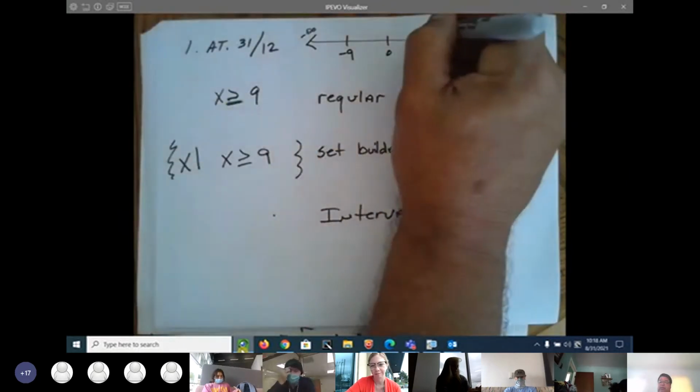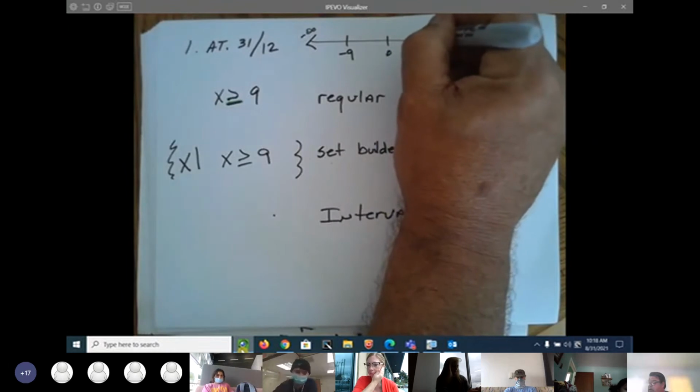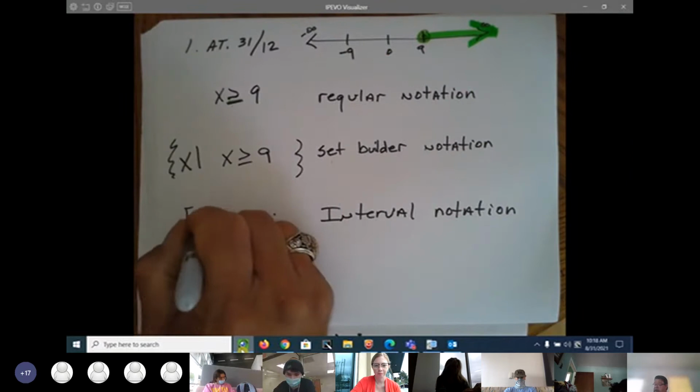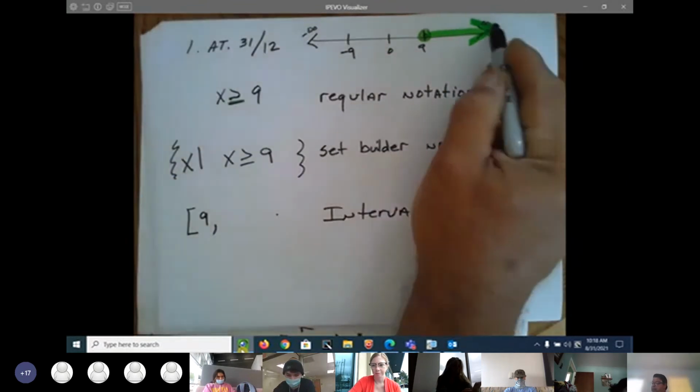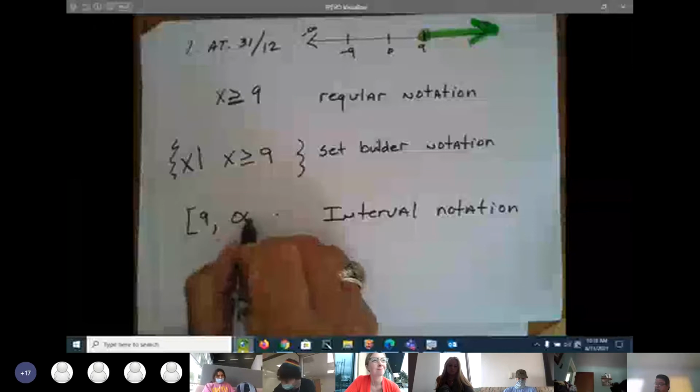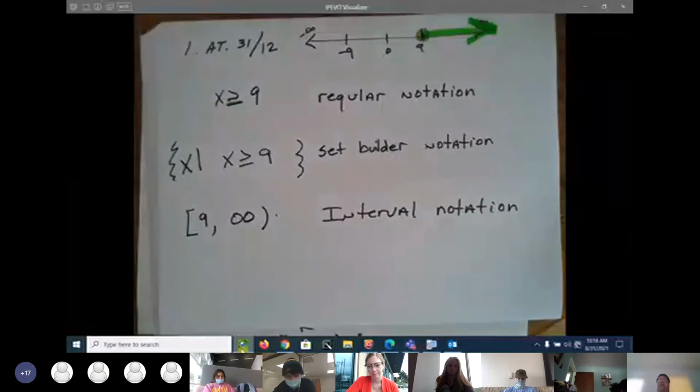So it gets a solid circle there. Now, somebody read that from left to right. Well, we start at 9. And we end in what? Infinity. And that is interval notation.